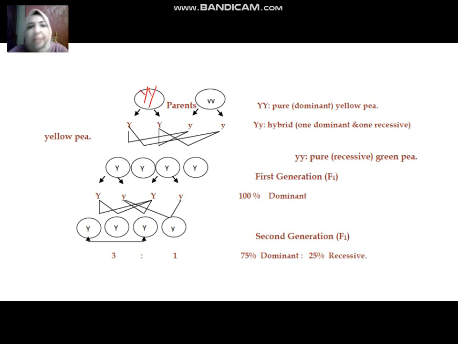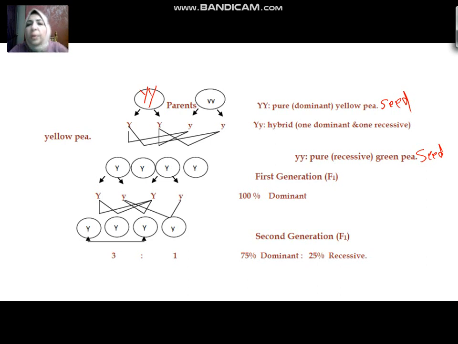This is the pure dominant trait, yellow seed. And Mendel made a crossing with another pea plant with a recessive trait. The green pea seed.